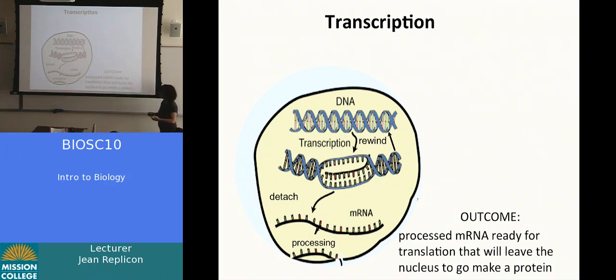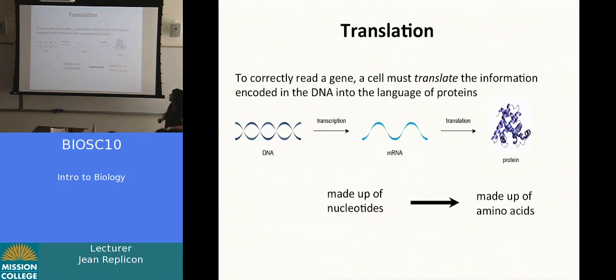All right, and then we're processing, and we don't have a protein yet, but we're halfway. So in order to do translation, and the reason it's called translation, it has a good reason for that too, is because what's the building blocks of DNA? DNA nucleotides. What's the building blocks of RNA? RNA nucleotides. What's the building blocks of protein? Amino acids.